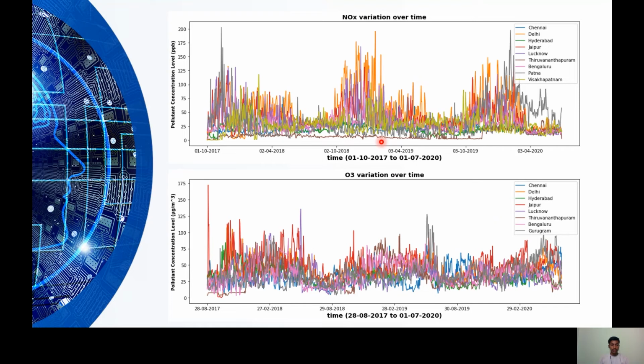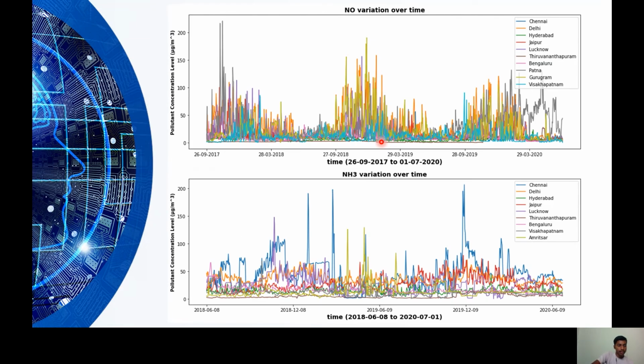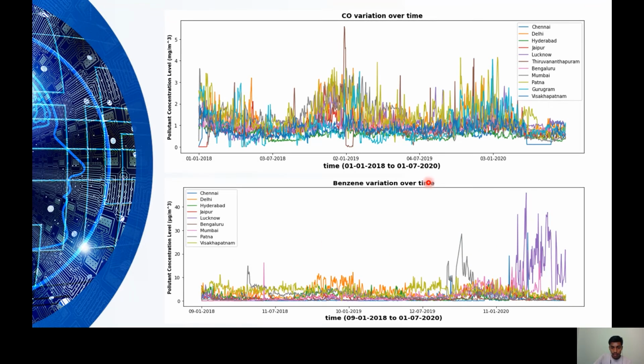This concludes that in winter months the pollution level increases and in summer months it decreases. One of the possible reasons lies in fuel consumption, which increases in winter to provide heat, and this pattern is seen in almost all the pollutants: NO, NOx.